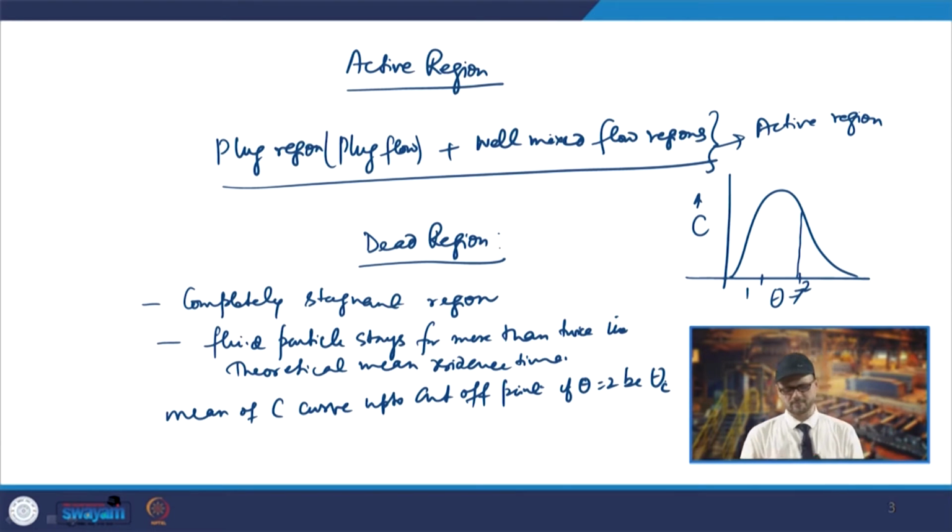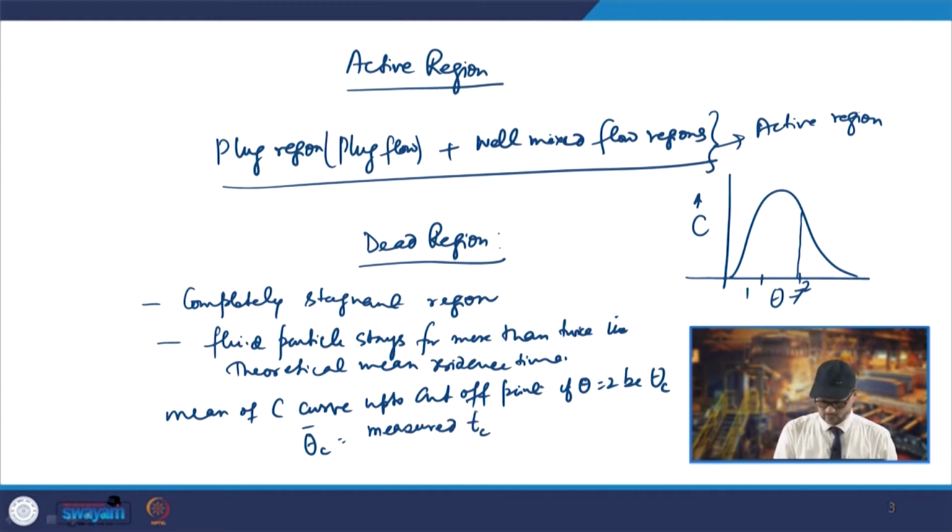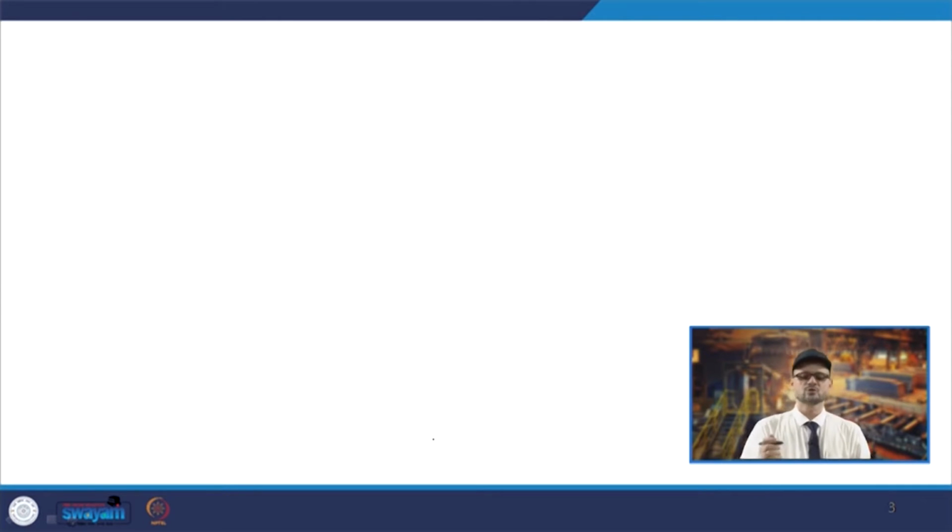In that case, this will be measured as Tc, and that will be divided by the mean residence time. That way you measure this theta c. So, theta c will be Tc bar upon T bar.